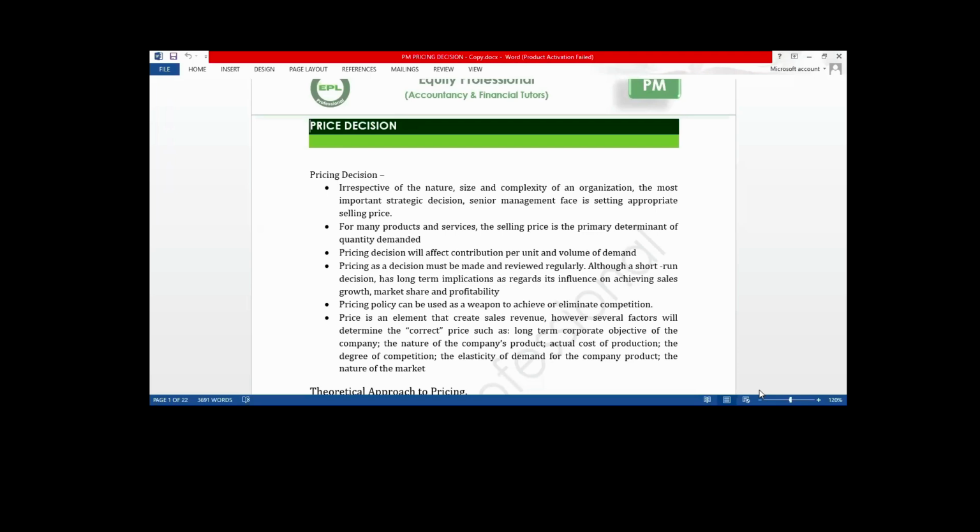But where an organization is established to render social services, for example, government services.